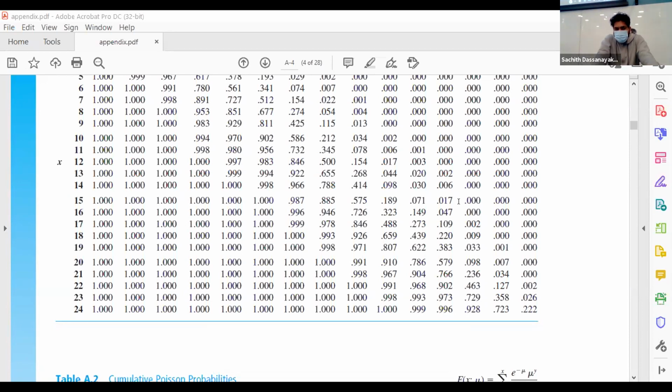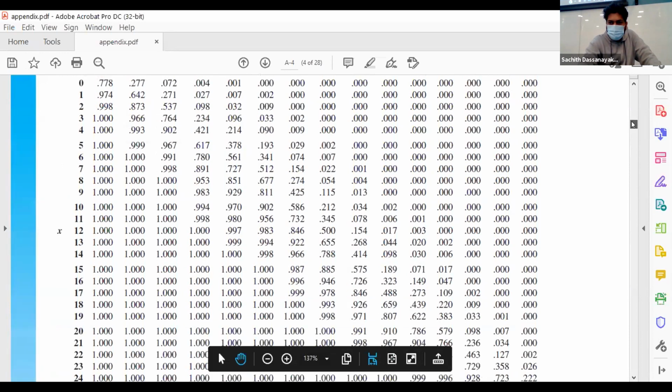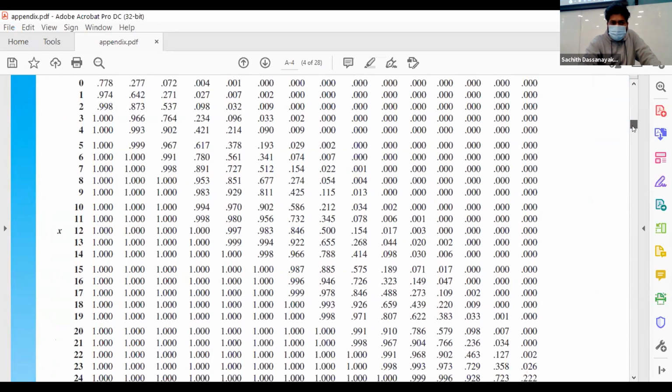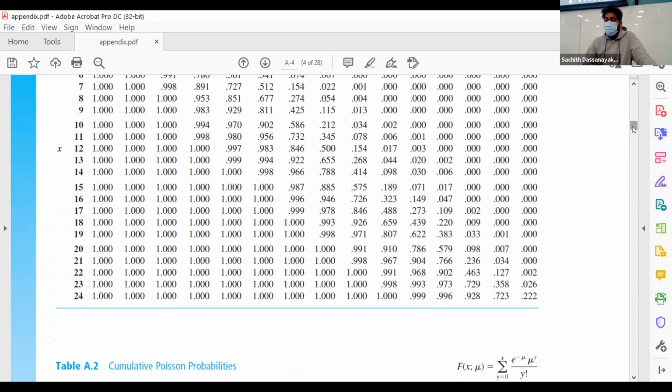So what happens if we need to find the probability of, for this example, probability of x equals 25, something like that, right? You can see up to 24, the CDF value, cumulative, is 1.